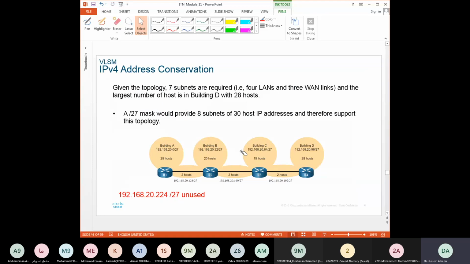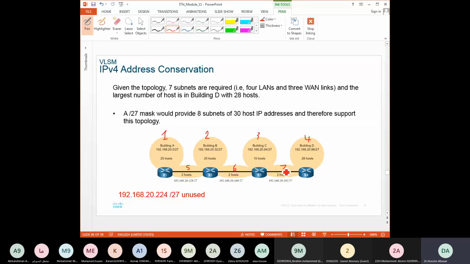So, let us take one more example. Suppose we have this topology. On this topology, how many subnets do we need? Can you tell me how many subnets? We need 7. Why 7? 1, 2, 3, 4, 5, 6, 7.